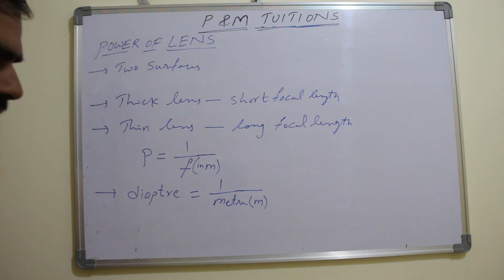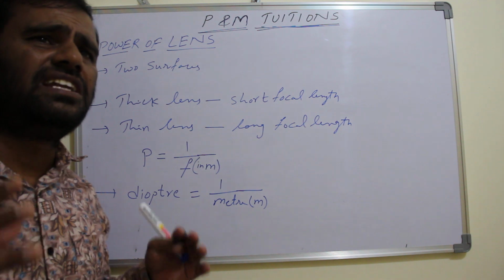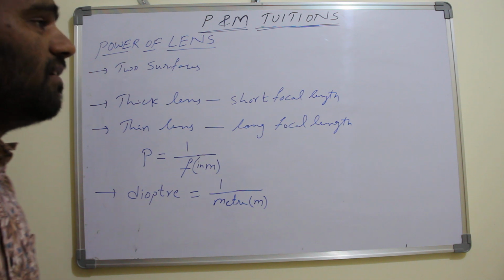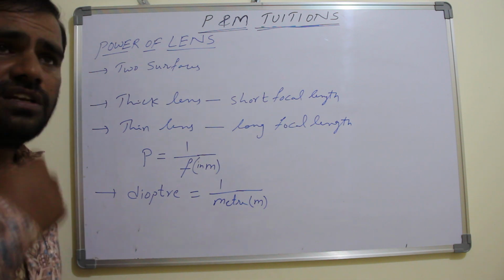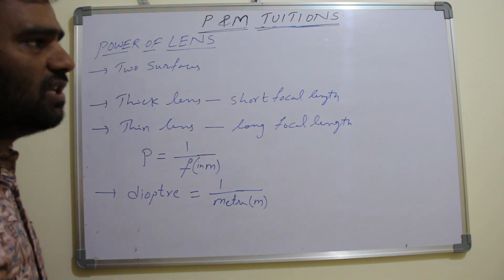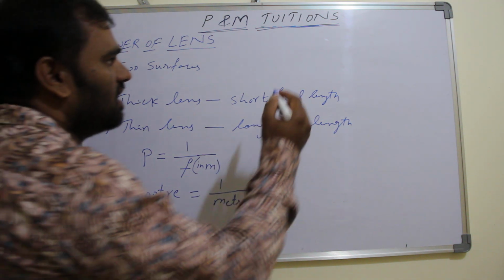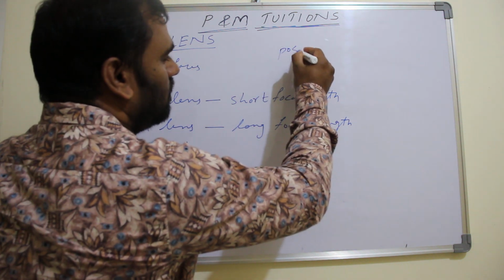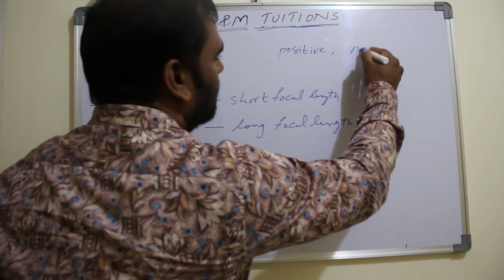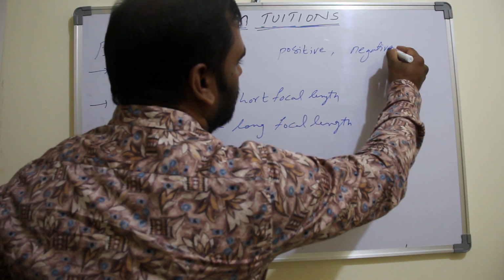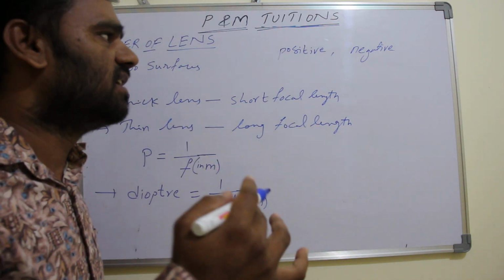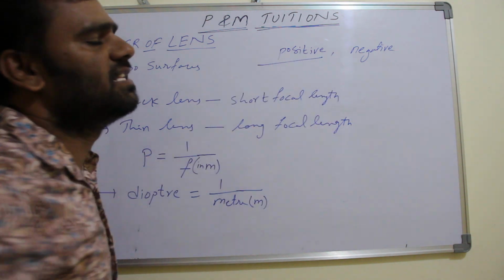Depending on the direction in which the light ray deviates: if the light ray deviates towards the center, then the power of lens is positive. If the deviation is away from the center, then the power of lens is negative. So power of lens can be either positive or negative.